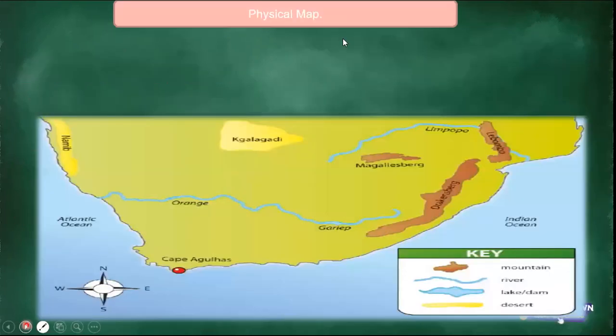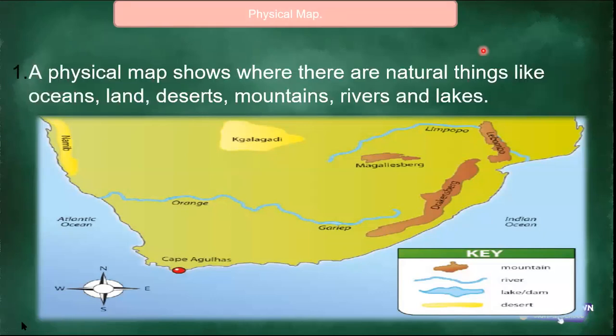Okay, what are we having now? A physical map. So I told you that we are going to learn about a physical map and a political map. Okay, so look, this is a physical map. A physical map shows where there are natural things like oceans.